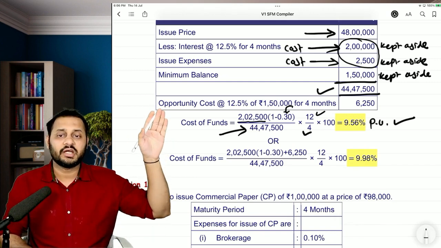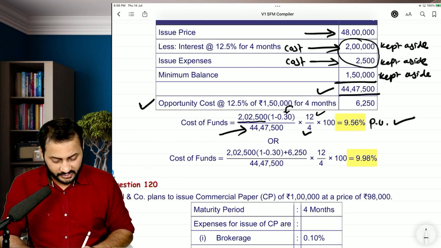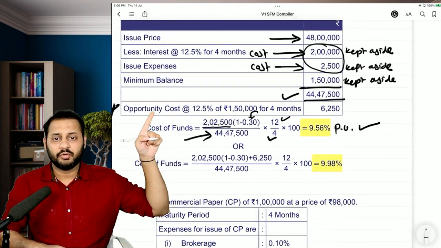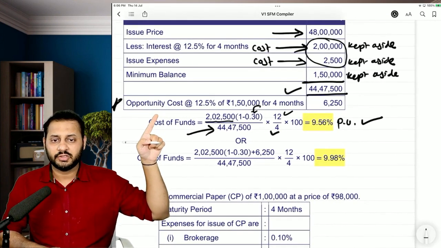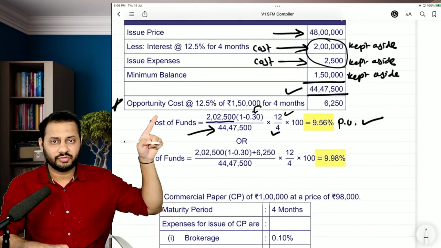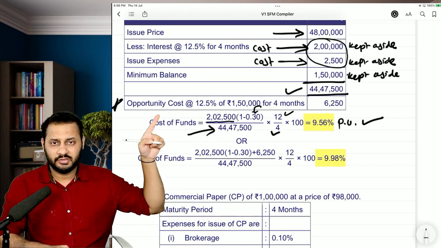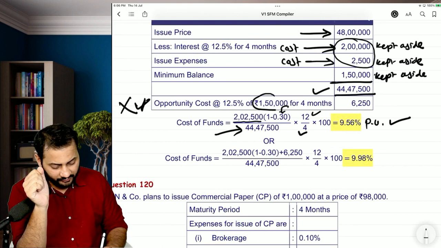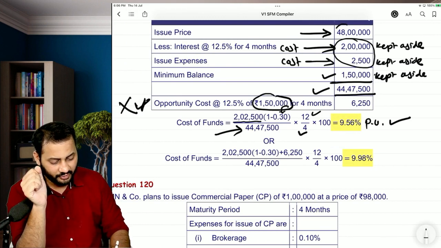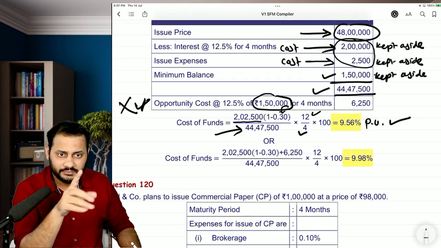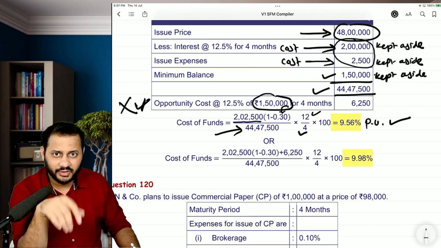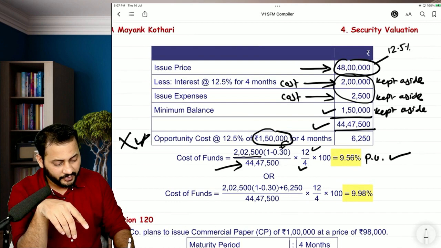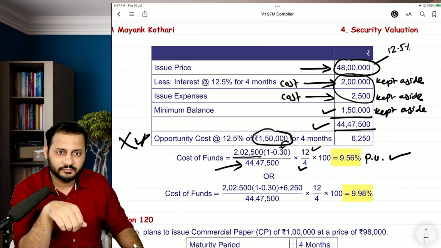I am also not satisfied with this opportunity cost that they are considering. I am saying it is wrong. Opportunity cost at 12.5% of 1,50,000 for 4 months. Why? I will tell you. This 1,50,000 was deducted from 48 lakhs, right? This 1,50,000 was included in 48 lakhs.